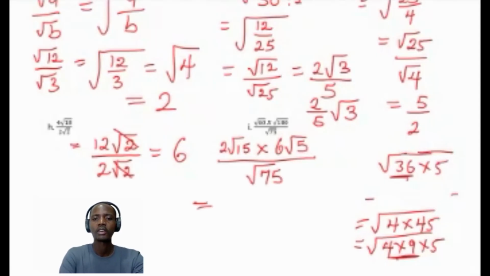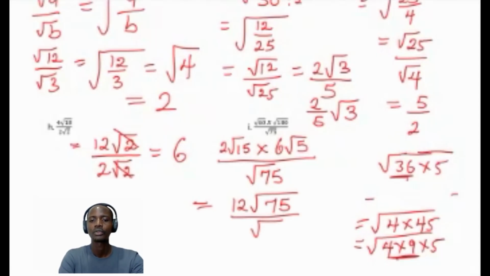Now this is what I'm thinking of, because I'm already seeing root 75 and I can see 15 and 5. So what I'll do, let's multiply 2 root 15 times 6 root 5. That gives 12 root, now 15 times 5, we know that's 75. So 12 root 75 over root 75.